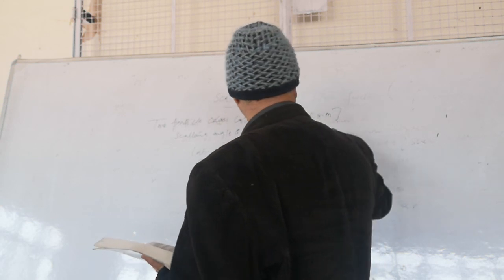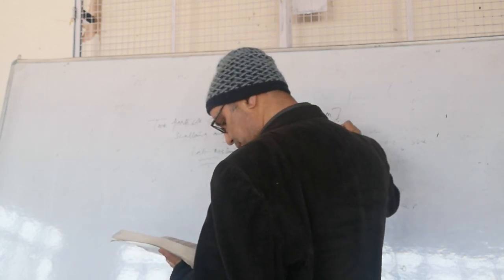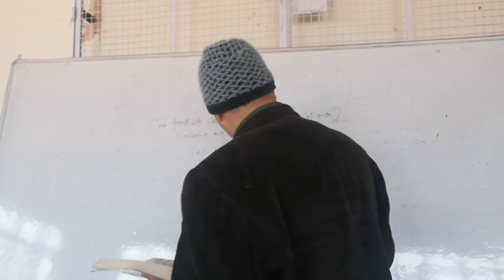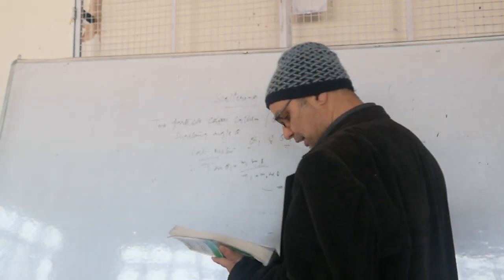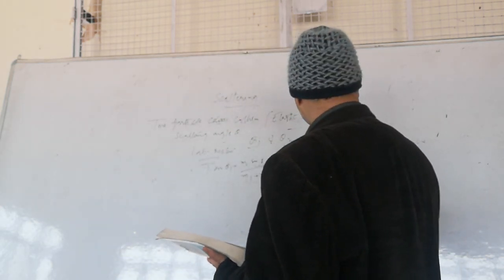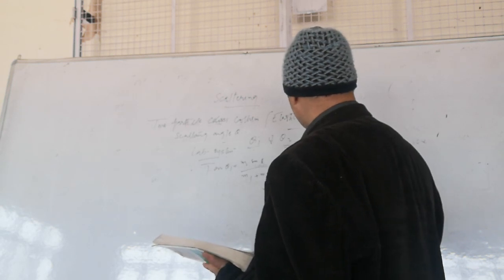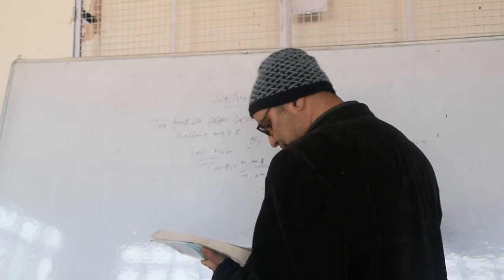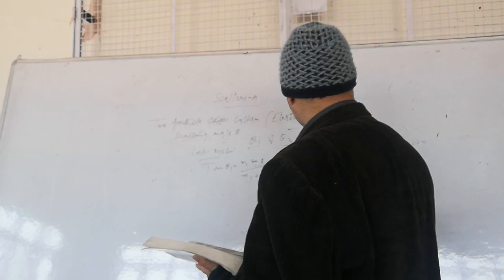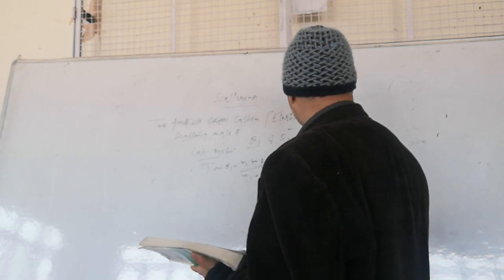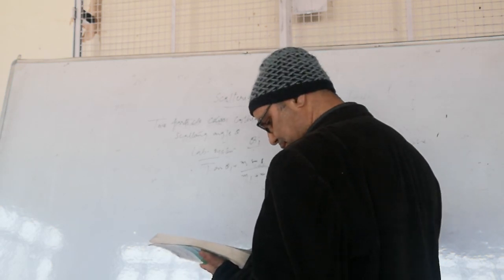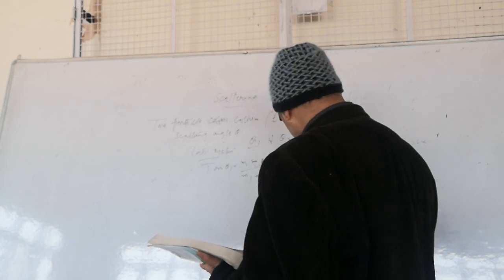So in case m1 is equal to m2, we can have a simplification where theta 1 is equal to 1/2 theta. You can see it from here. Or we can say that theta 1 plus theta 2 is equal to 1/2 pi.